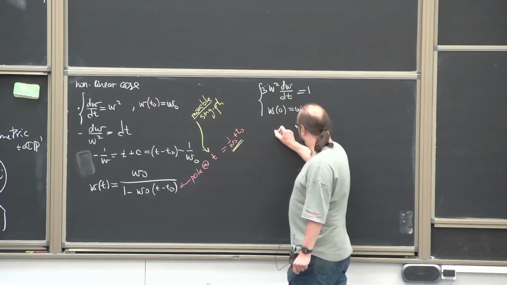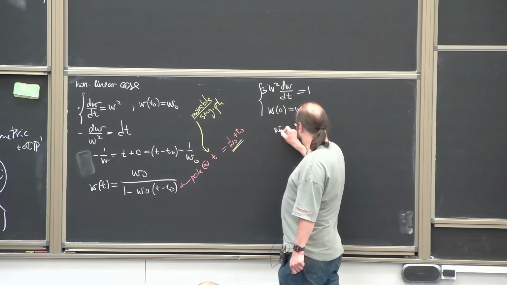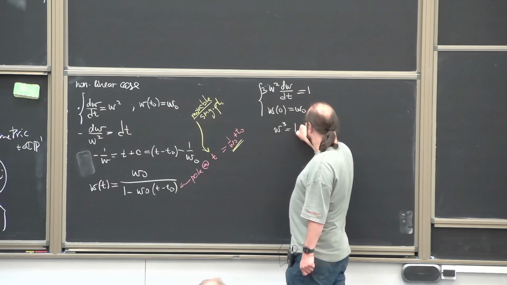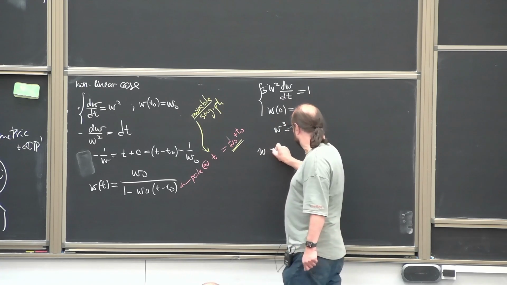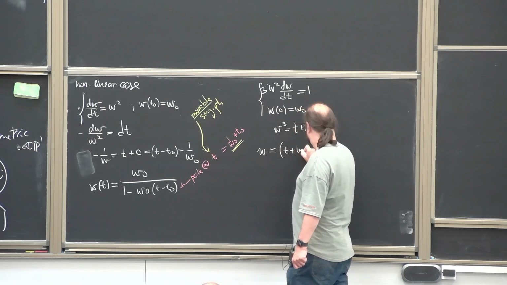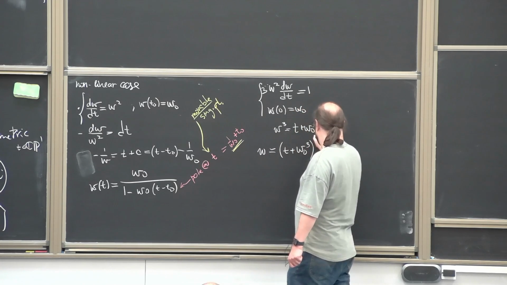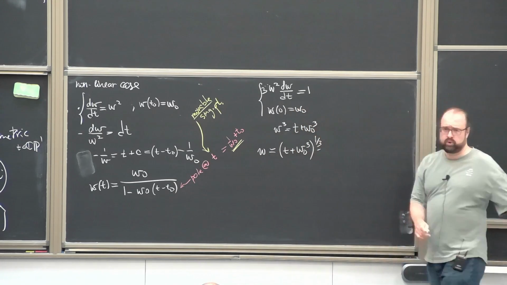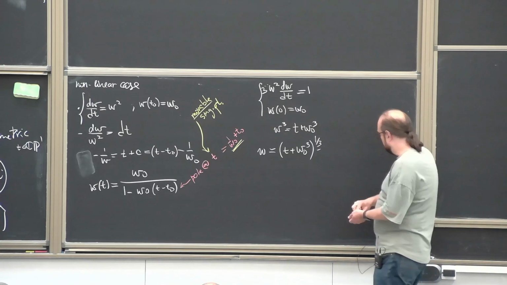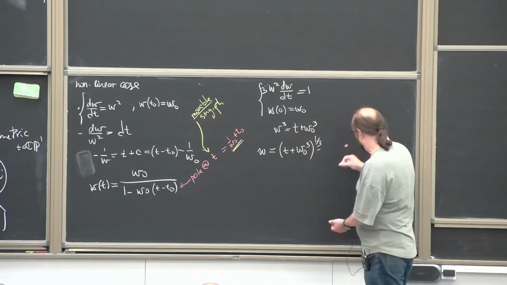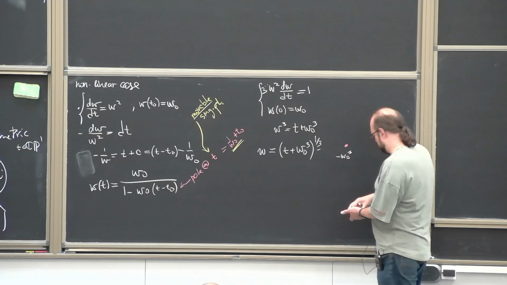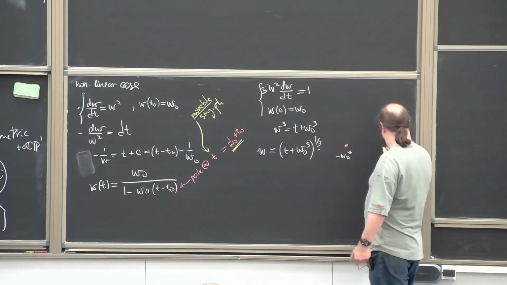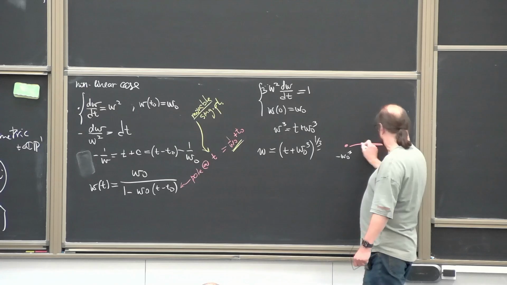Here you will get something like w cube is t plus w naught cube, and you solve. You get the branching point phenomena. So now you have a singular point at minus w naught cube, and then another singular point at infinity, and you need to do a branch cut.